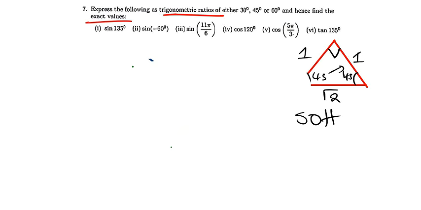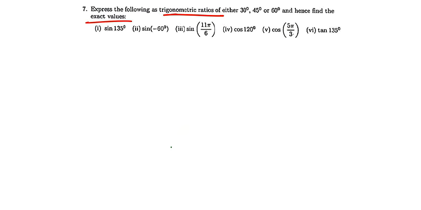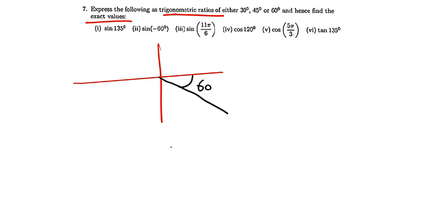Now the second one, that's sine of negative 60. Negative 60, where do we find negative 60? So we go this way. So it will be within the fourth quadrant. We've moved the clockwise way 60 degrees. So that same angle, since it's already less than 90, since it's already an acute angle, it remains the same angle in the first quadrant.